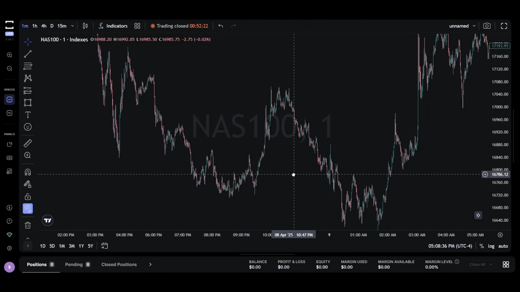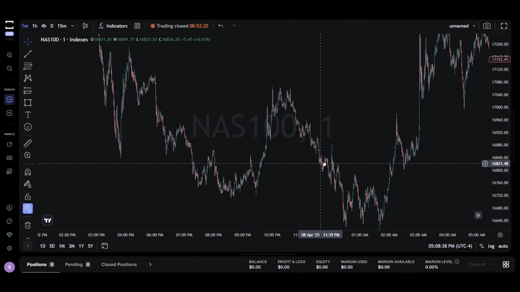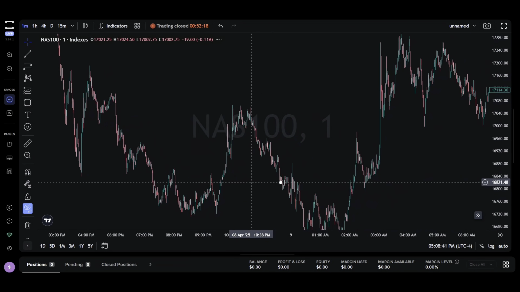So that's how I more so use support and resistance in my trading. It's also good when you're wanting to add positions, because when it's retesting, that's another entry for you to add and then ride it.